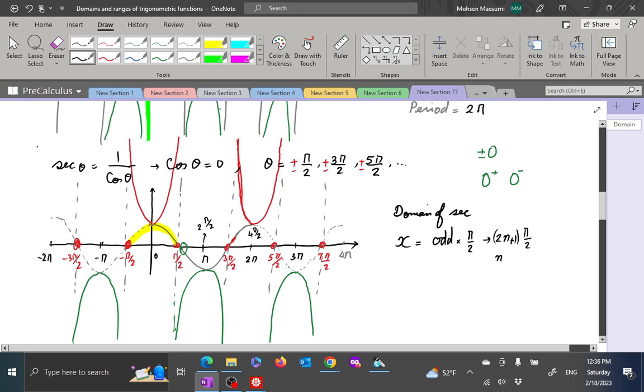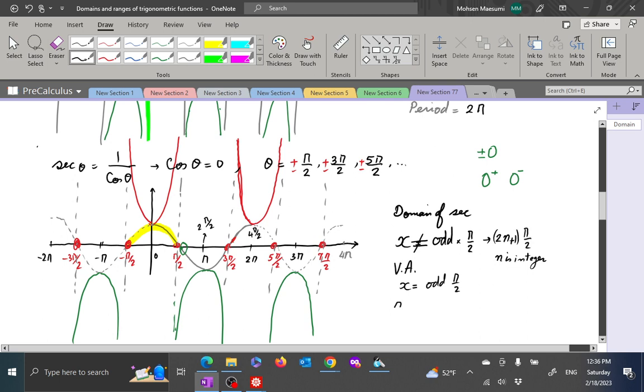So n, again, is an integer. If n is an integer, then this is the same as that. So the domain is x other than odd times pi over 2. Vertical asymptote: x is odd times pi over 2.